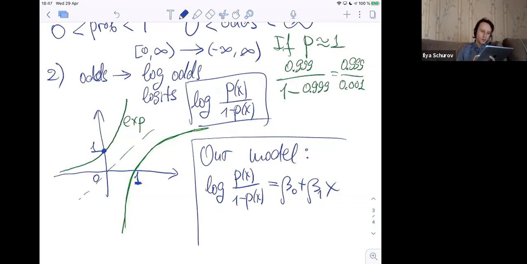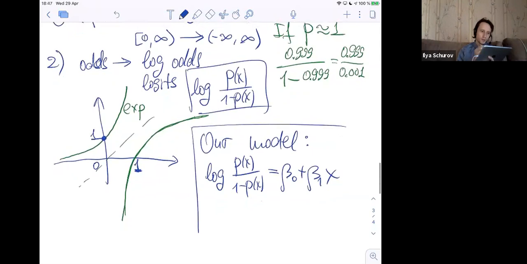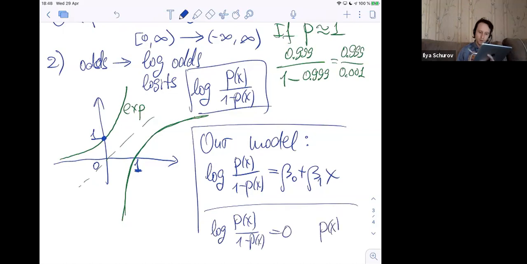And for example, it means that, what probability corresponds to this point? For example, what if log of p(x) over 1 minus p(x) equals 0? What can you say about p(x)?